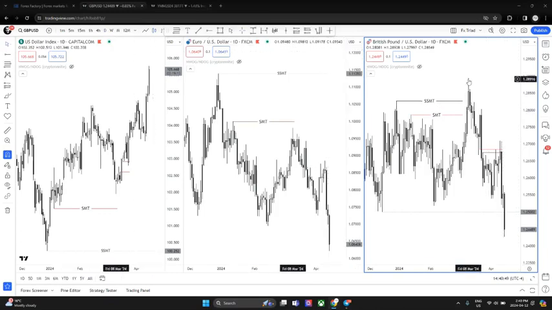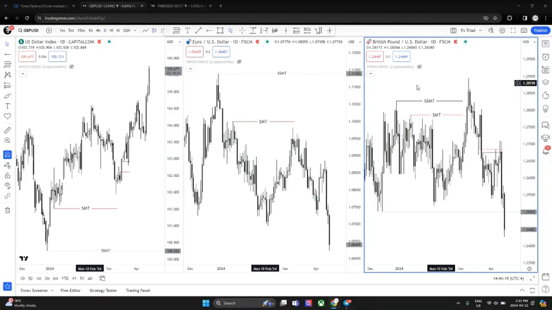And this is a master class in order blocks, and this is just one of the few that there is. It's not rare, but within the higher time frame cycles it is rare, due to the fact that it takes more time for these types of things to form.